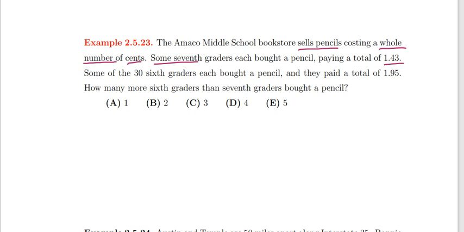So if the price is P and the number of students is X, this equals 143. And some 6th grade students, suppose Y students, bought a pencil and paid $195.